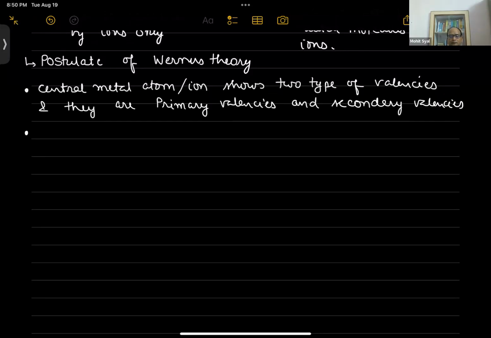The ions. Who only can satisfy the primary valence? Yeah, primary valencies can be satisfied by ions only. Got it? I'm writing in short form, but never write it like this. Write the complete statement. Otherwise, the marks will be deducted.